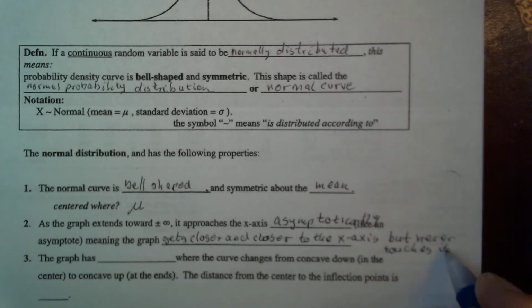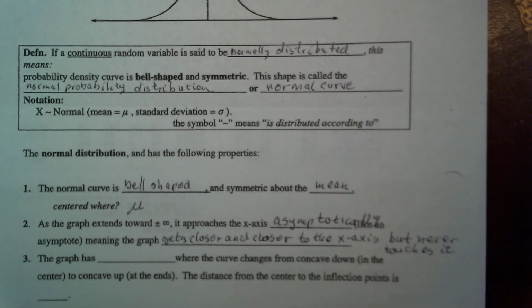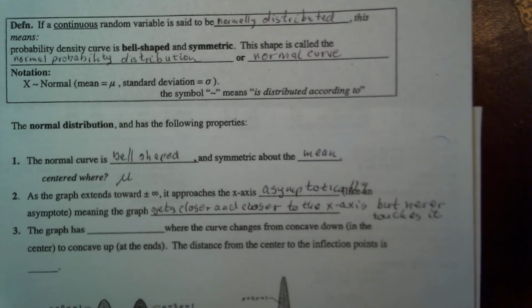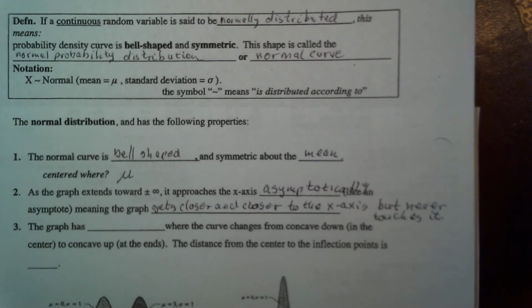You may have heard about asymptotes when you were in high school and you studied hyperbolas. Hyperbolas have asymptotes, so maybe in that context you may remember what an asymptote means. It's a line that a curve approaches but doesn't reach.